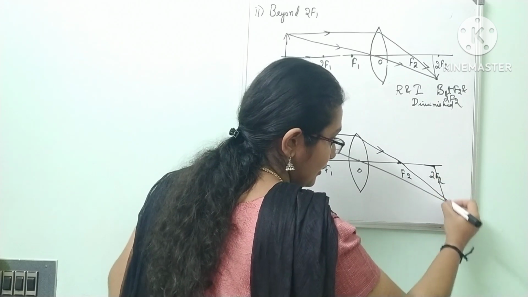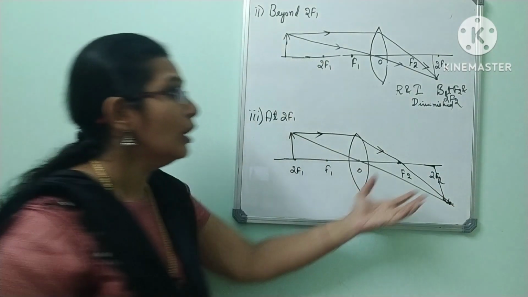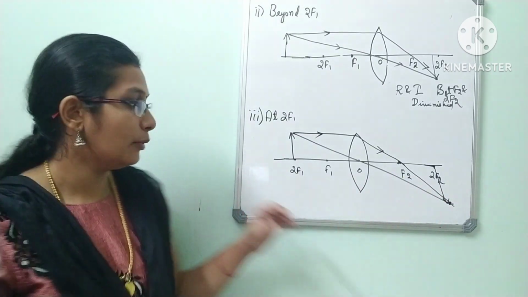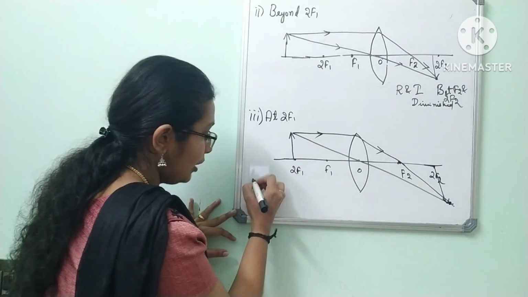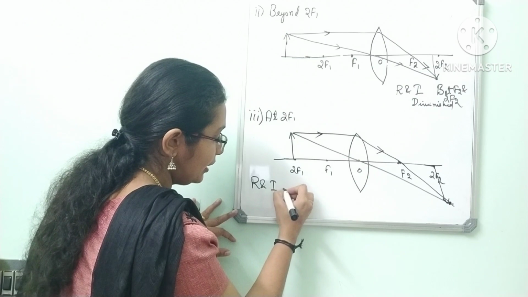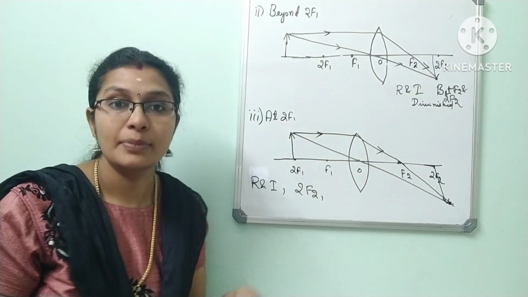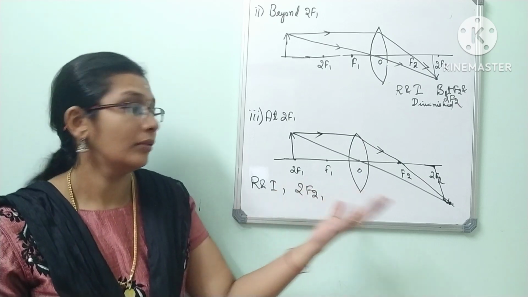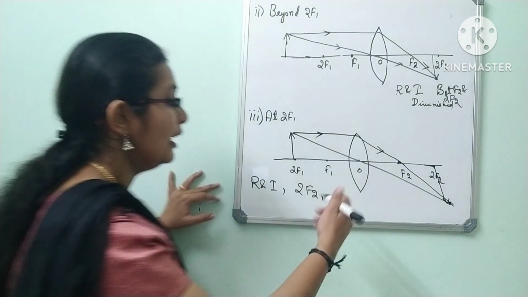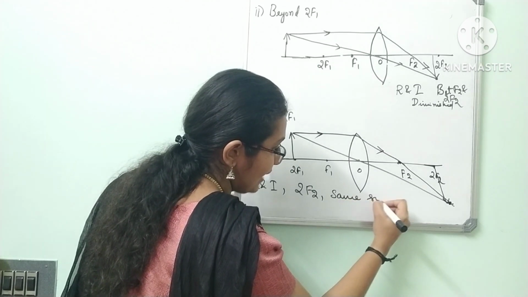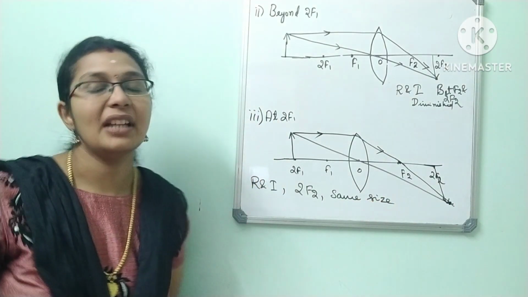So where is your image formed? Exactly at 2F2. If you draw a perfect diagram, you will get the image formed at 2F2. What kind of image is it? Real and inverted, formed at 2F2. And whether it is smaller, same size, or larger in size, you will get a same size image as that of the object. So this is our third case.